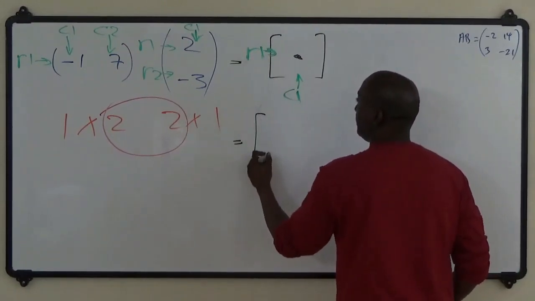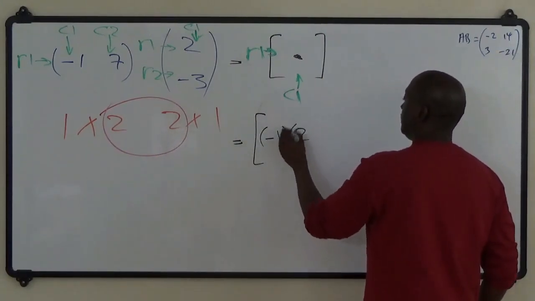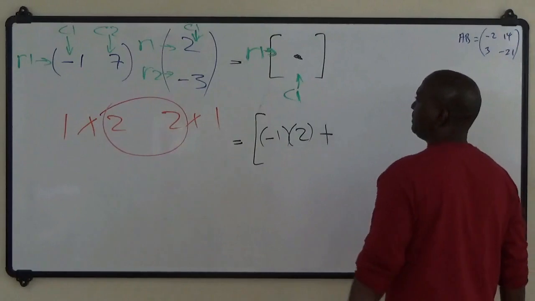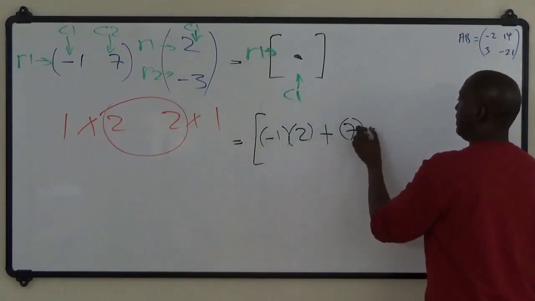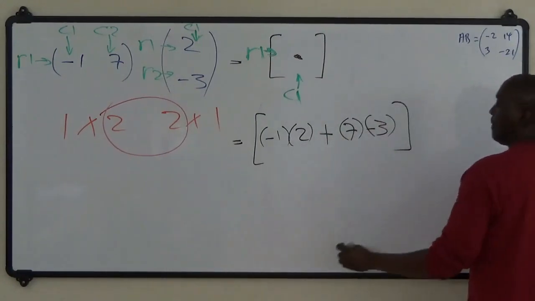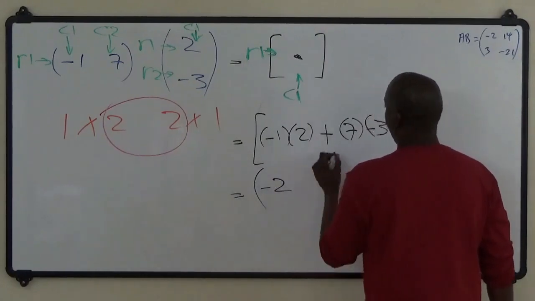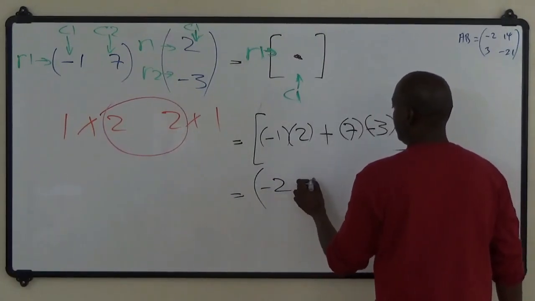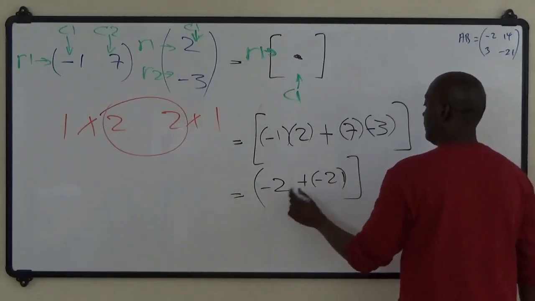So it will be, let me stick to these square brackets now. All right? It will be minus 1 in brackets by 2 plus 7 by, notice I'm using my brackets, all right, by minus 3. Minus 1 by 2 is minus 2 plus 7 by minus 3 is minus 21.